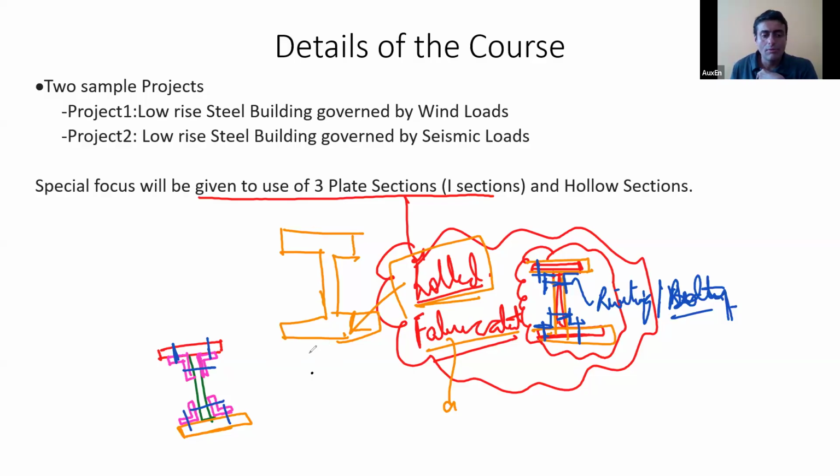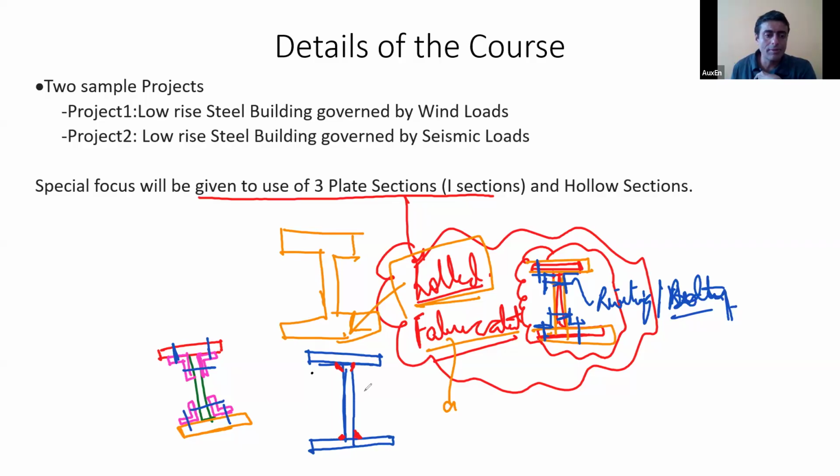So there is very good welding technology that is now available. And because of that, without use of any cleat, just by welding over here, we are able to achieve very good strength I sections. Is it clear? Hello.